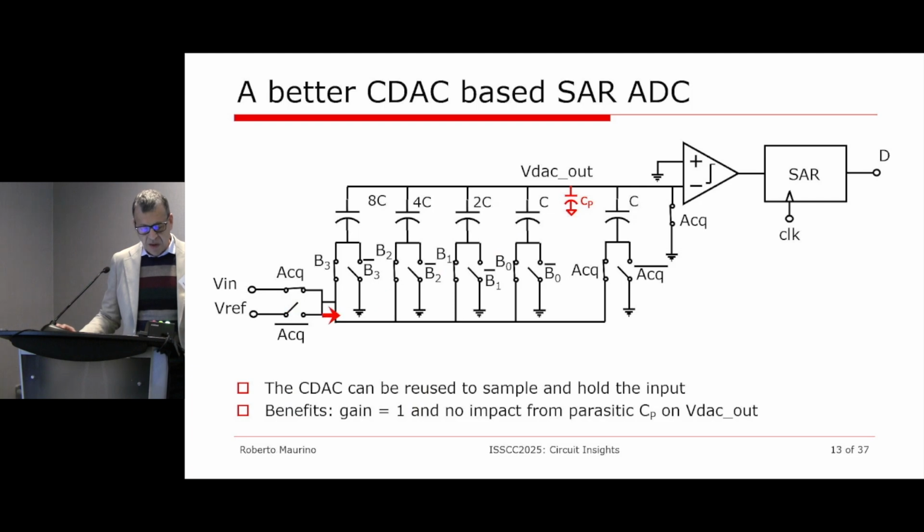So you see, we introduce an acquisition phase where we apply the input to the bottom plates of the CDAC, to all of them, and we drive the top plate to 0, to ground. So during this acquisition phase, we apply the input across the entire CDAC, and when the acquisition signal goes down and we open the switches, this voltage is captured across these capacitors.